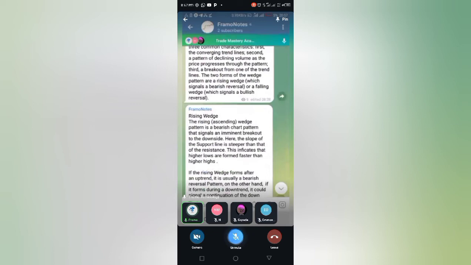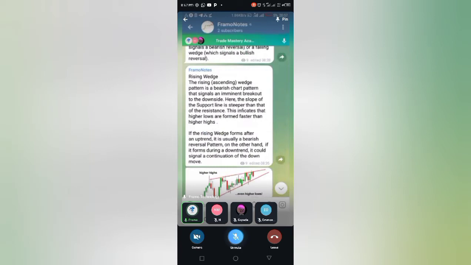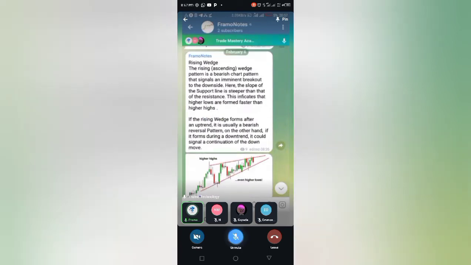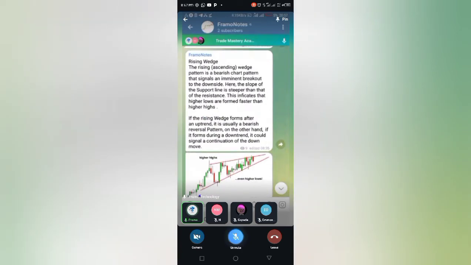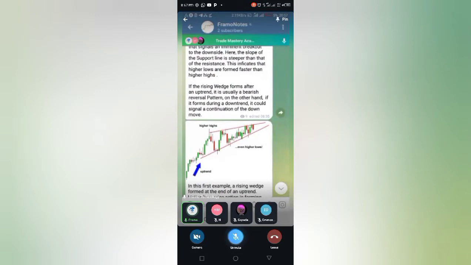And when we say bullish reversal wedge, like a falling wedge, it means we are going to see it at the bottom of a downtrend.